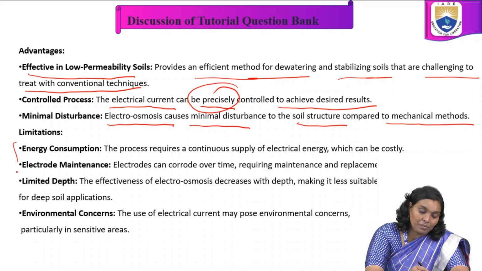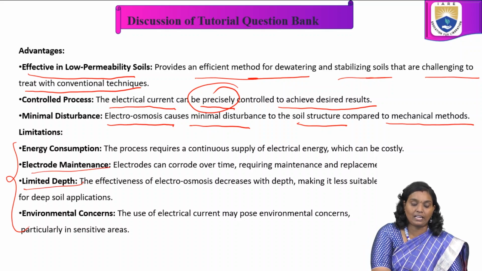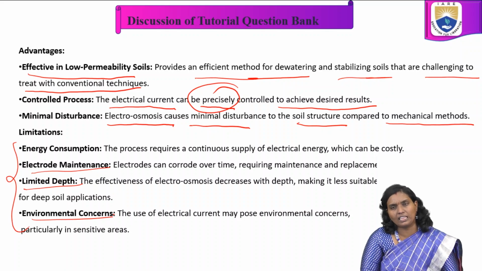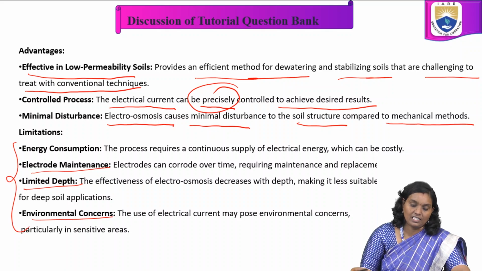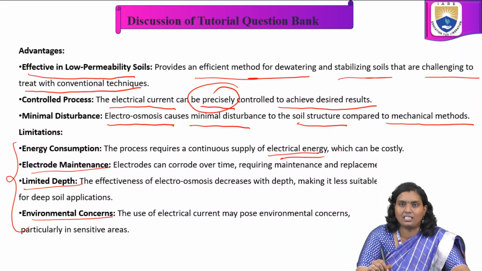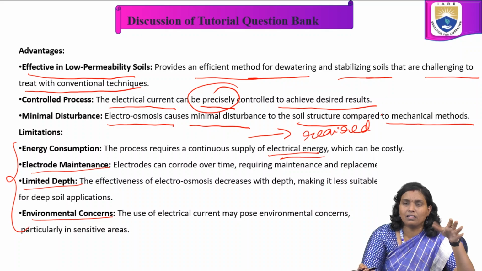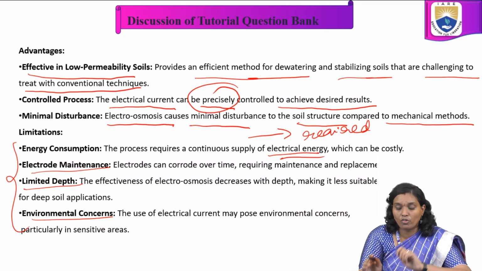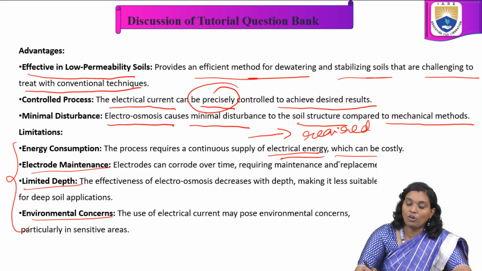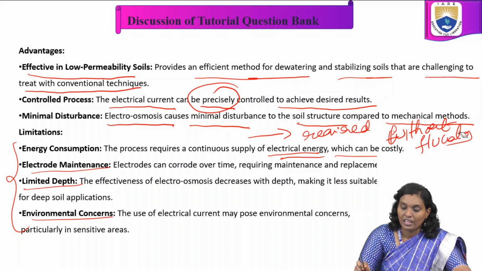It also has some limitations: energy consumption, electrode maintenance, limited depth, and environmental concerns. In energy consumption, the process requires a continuous supply of electrical energy, and we have to maintain the electric current precisely, without disturbance and without fluctuations, which can be costly.